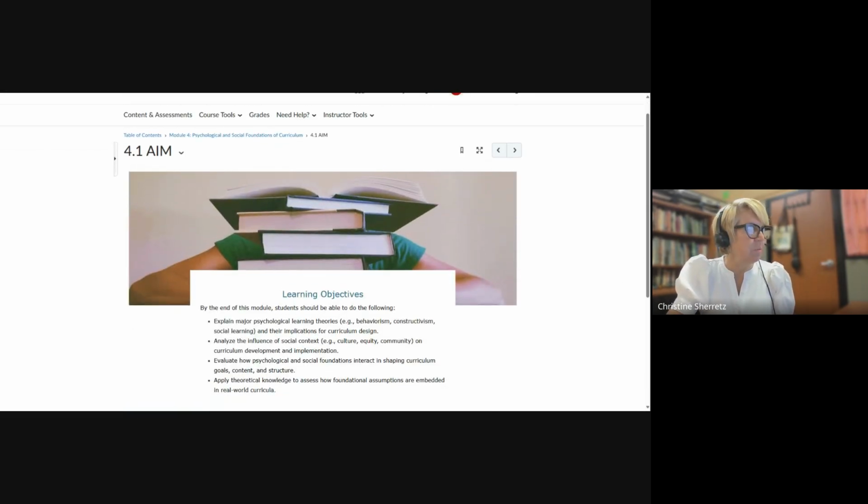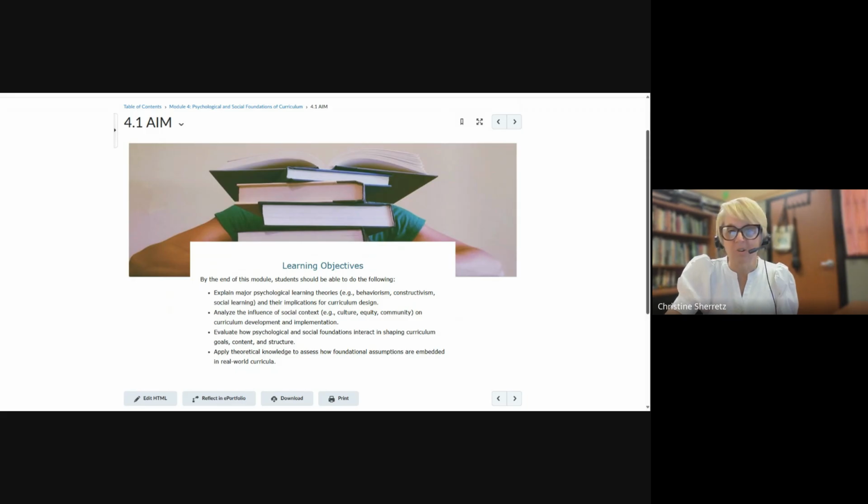This week we want to explain the major psychological theories, and some of this we've already learned because some of these things align with some of the philosophical foundations. So we're going to talk about behaviorism, constructivism, social learning, and their impact on curriculum design. We're going to analyze the influence of social context, so culture, equity, community.